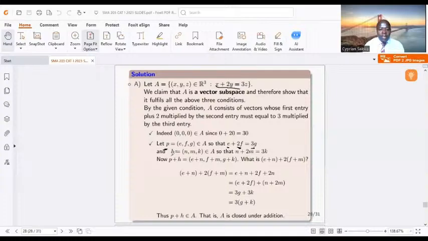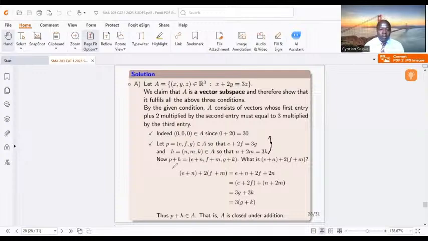I also want to pick another vector H with these entries (N, M, K), such that I assume it's in A, such that the first element N plus 2 times the second element M will give me the third element multiplied by 3. I want them to satisfy these conditions.